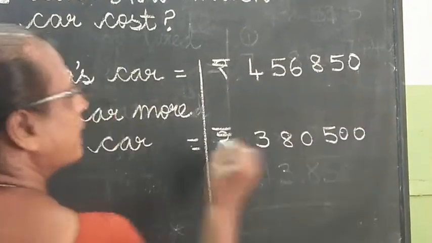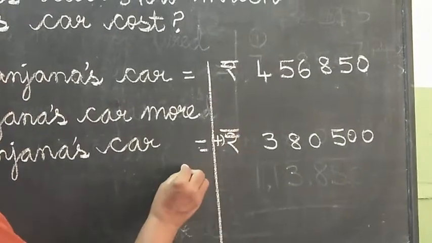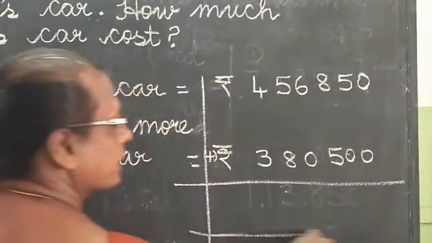So you have to add both the rupees. So how much does it come, children?